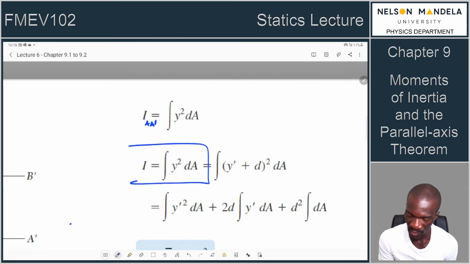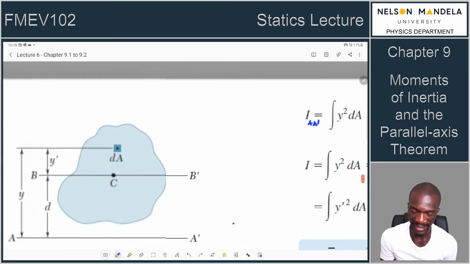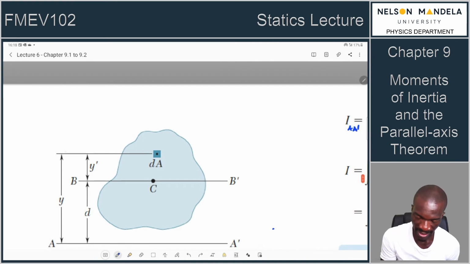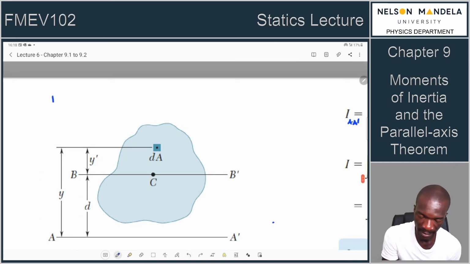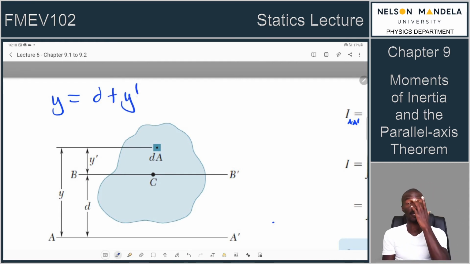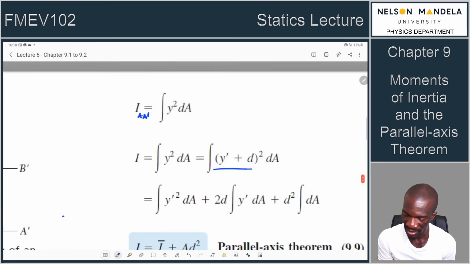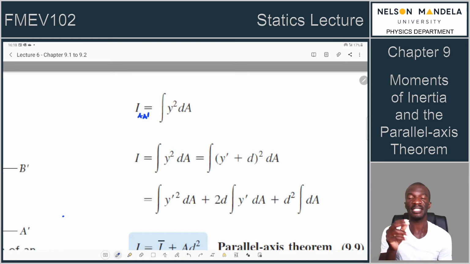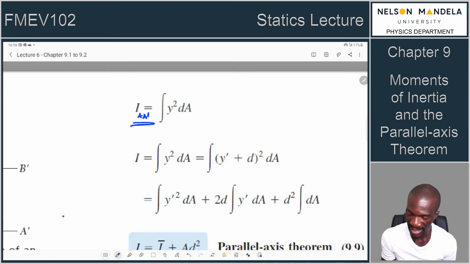Now, in our y squared dA, the parameter y is simply equal to the sum d plus y prime. Because we have y prime plus d as the y, if we put it into the equation for the moment of inertia about A prime, we get the integral of (y prime plus d) all squared.